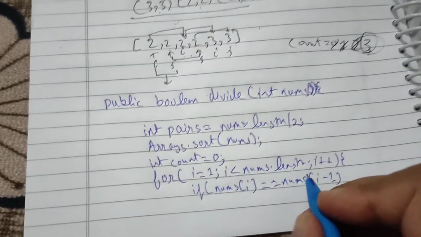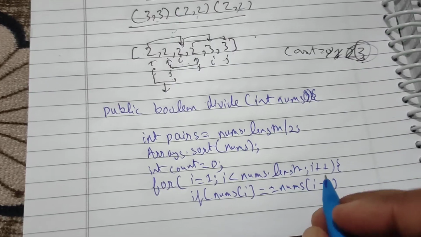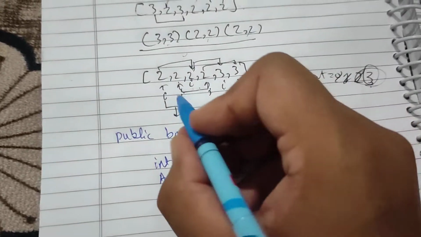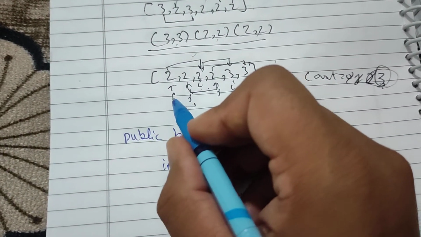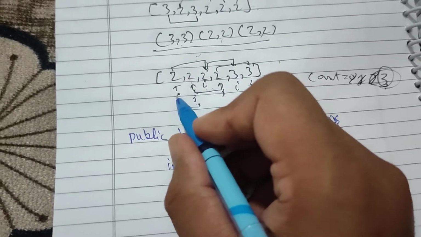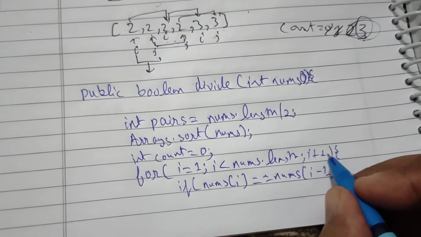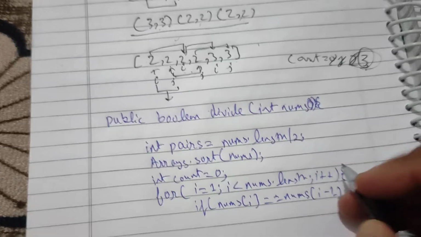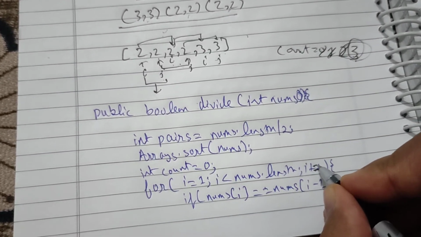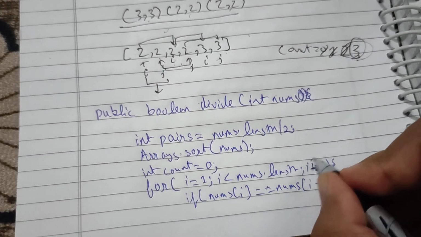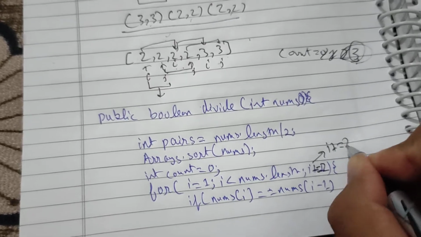Instead of creating two pointers, I decided to put one i pointer over here, and the other pointer will be on the previous one. And remember, we have to increment by 2. So I will not say i plus plus, I will say i plus equals 2.